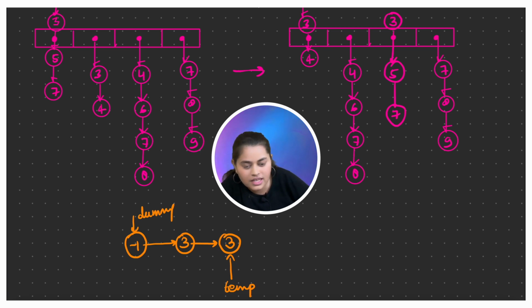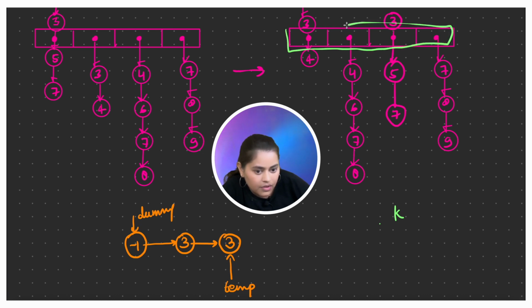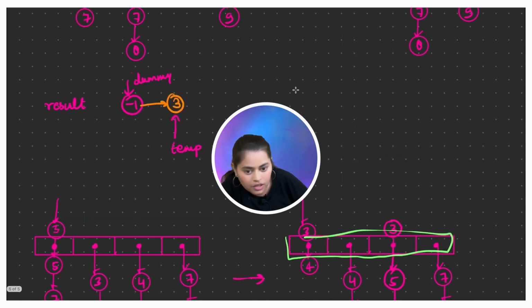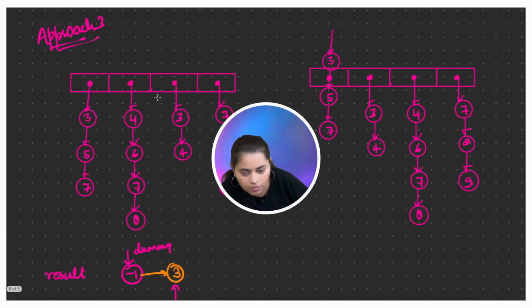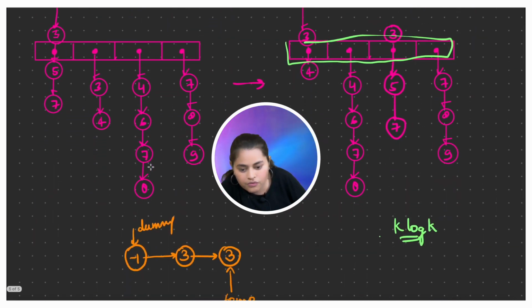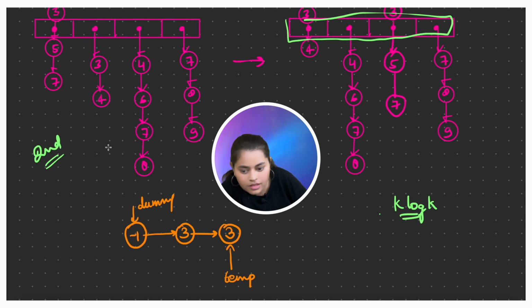If you see what we are doing, every time we are sorting this array of size k, so it will take k log k time. For fetching the first minimum we sorted it, for fetching the second minimum we again sorted it.